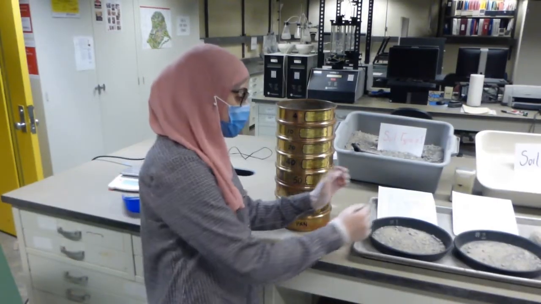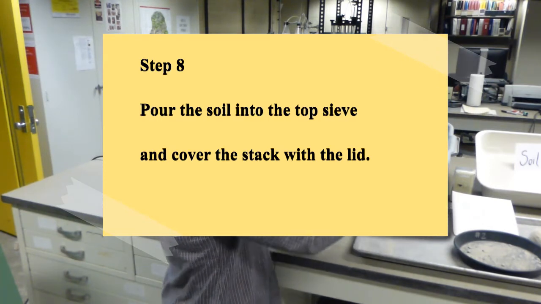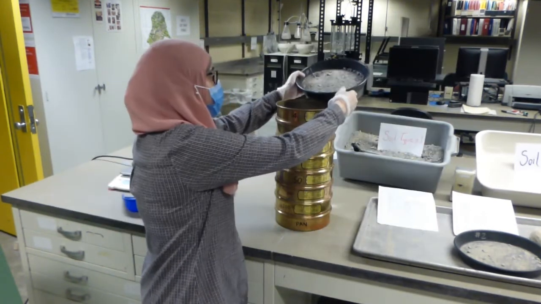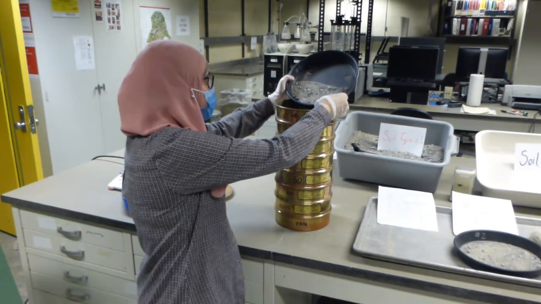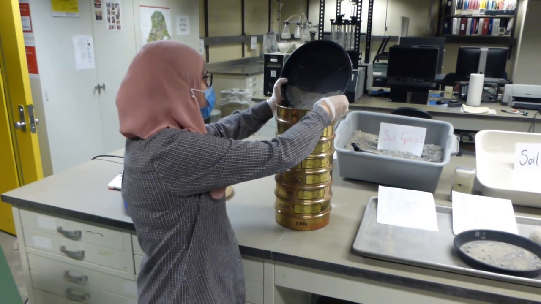So we are going to start with the first sample of soil type 1, and we are going to pour it carefully into the stack of sieves, trying to avoid losing as much as possible by pouring as slowly as possible.